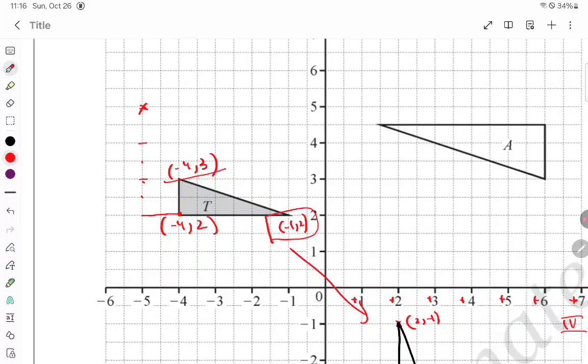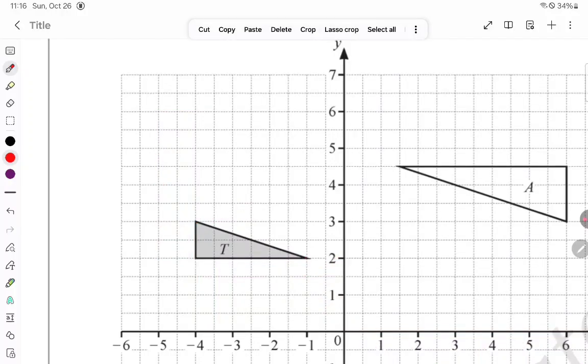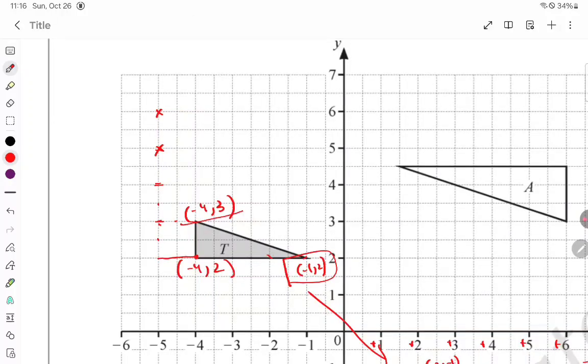We get our first point. For the second point, move 1 unit to the left and 3 units upward, 1, 2, 3. We get our second point. For the third point, 1 unit to the left here and 3 units upward, 1, 2, 3.